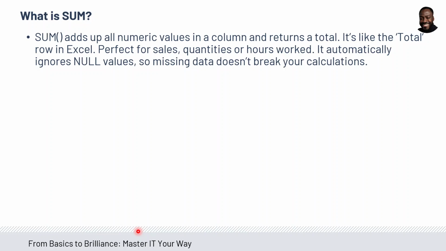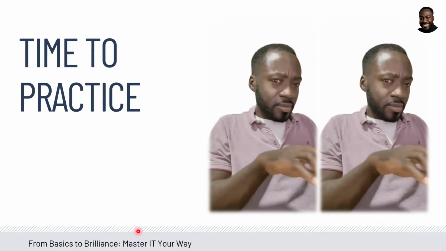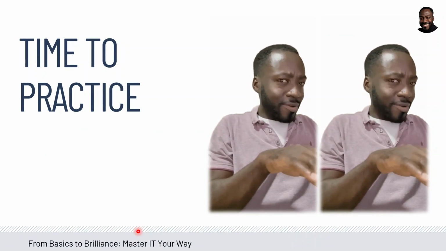And we'll be using the Ghanaian sales DB aggregate database, which contains customer orders. Some rows have missing quantities or prices, which will help us see how SUM handles real world data. Now let's get into practice.